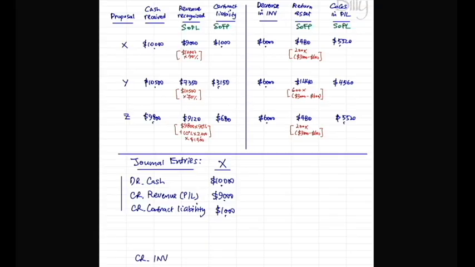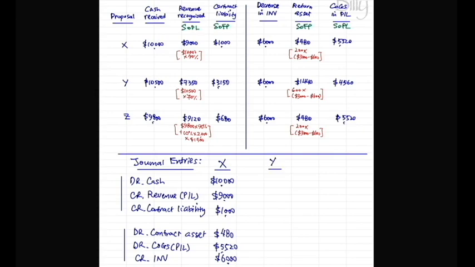Credit inventory, which is 6,000. Out of this 6,000, the amount that is subject to return after the refurbishing cost is 480. Debit cost of goods sold in profit and loss equal to this amount, 5520. This is the entry for Proposal X.